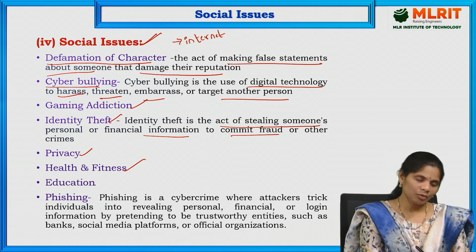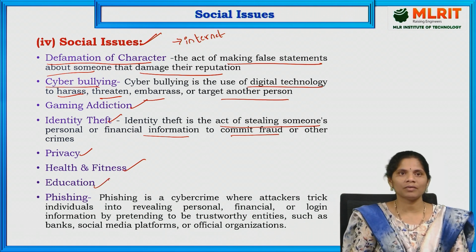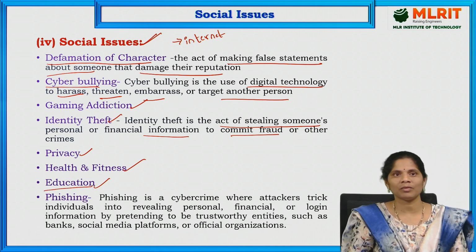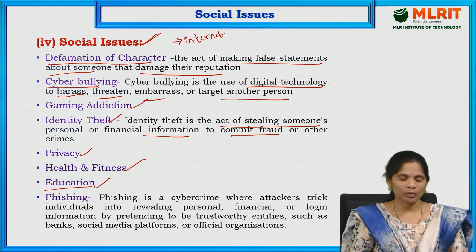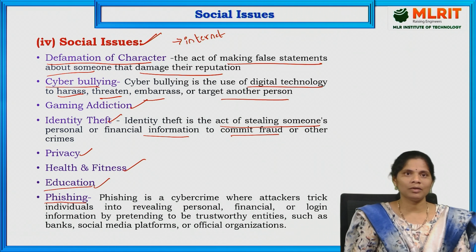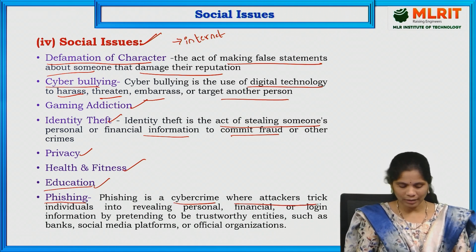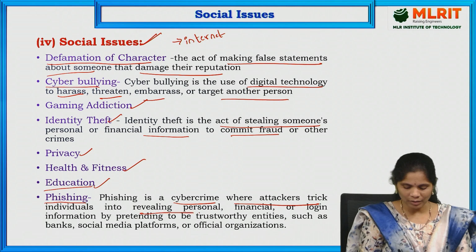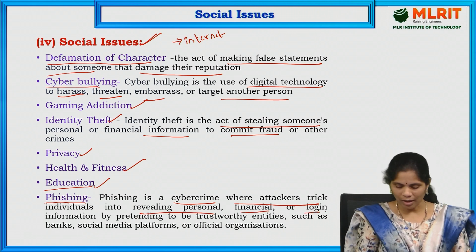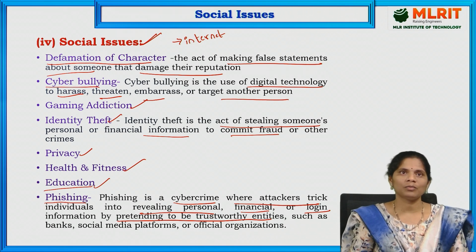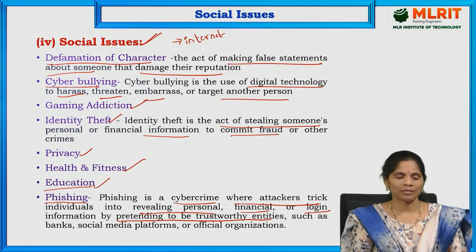In education also, nowadays lots of people are using computer networks. And next one is phishing. Phishing is a cybercrime where attackers trick individuals into revealing personal, financial, or login information by pretending to be trustworthy entities. These are some social issues in computer networks.